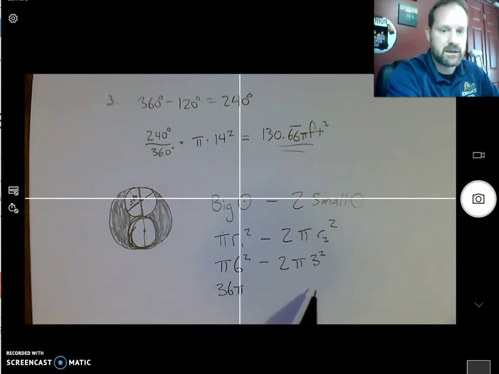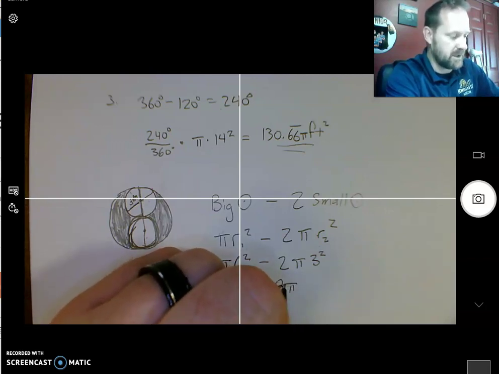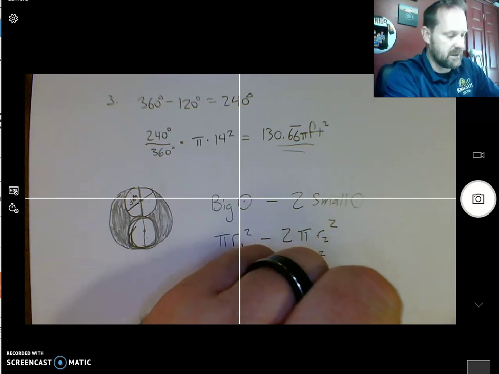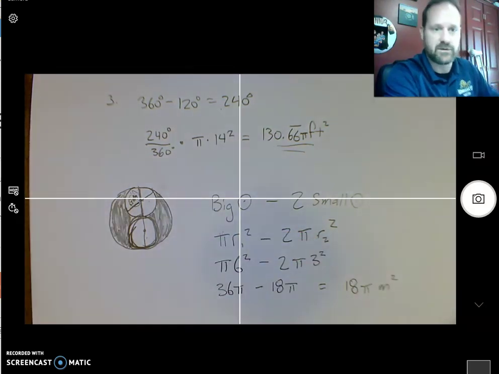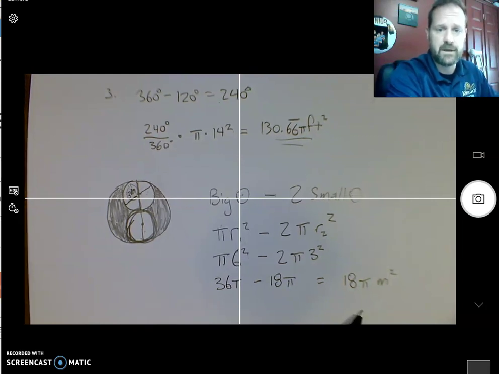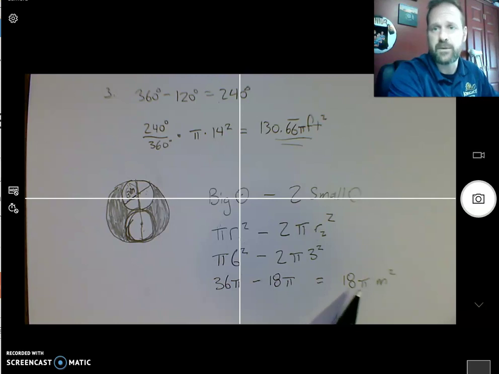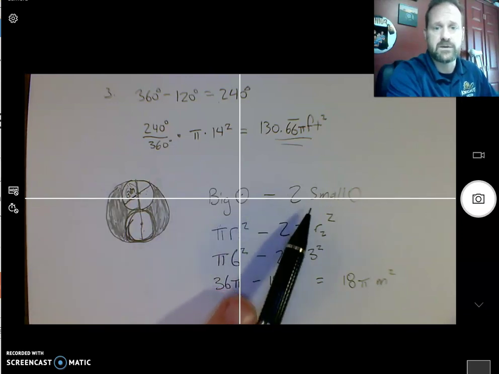Rearrange that. 9 times 2 is 18, so 18 pi. Final answer, 18 pi, and it looks like meters squared. Don't forget your units there. So 18 pi meters squared. All right. If it asks for a decimal approximation, you can certainly multiply by pi. So again, area of the big minus the two small ones.